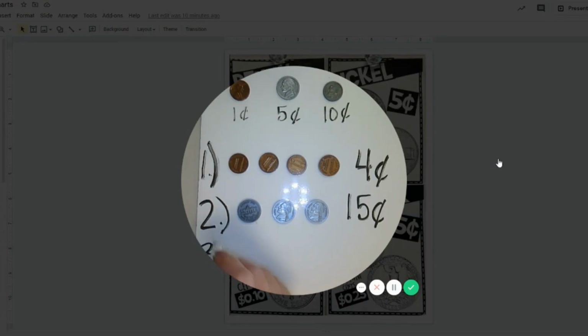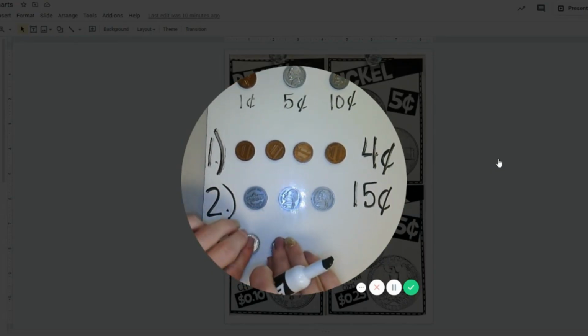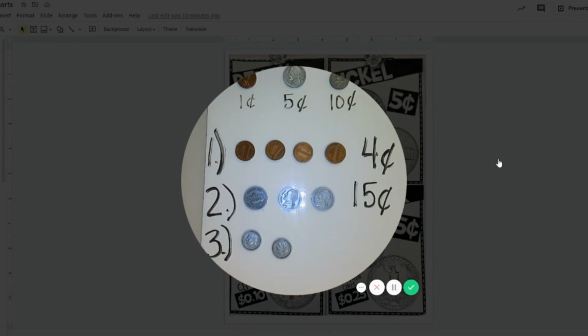Let's try one more example. This time I have 3 coins again, but they're a different type of coin. This time I have 3 dimes.